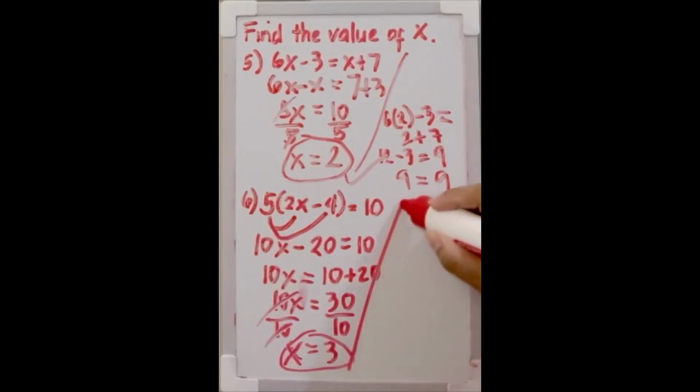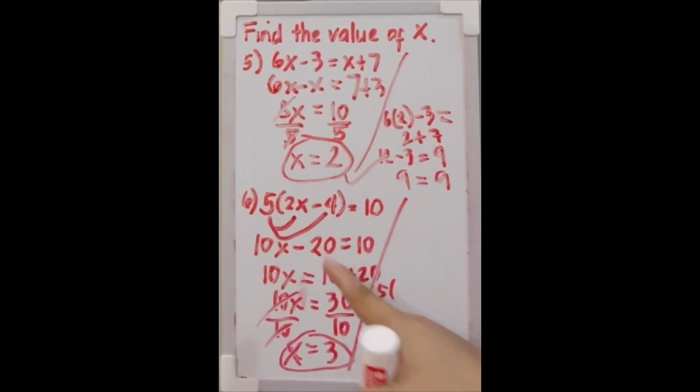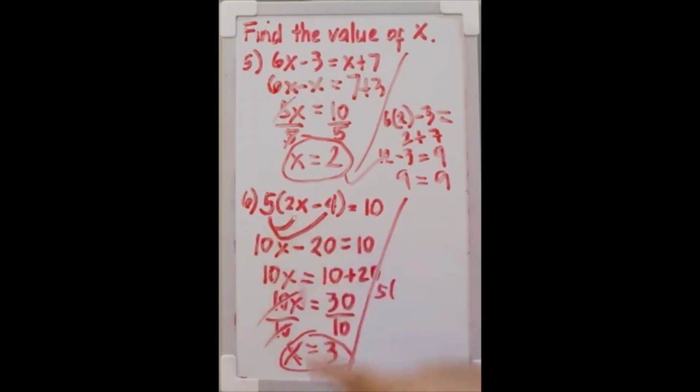Now, for checking, let me just write it here. 5 times, you have 2 times x, which is 3, minus 4, equals 10.